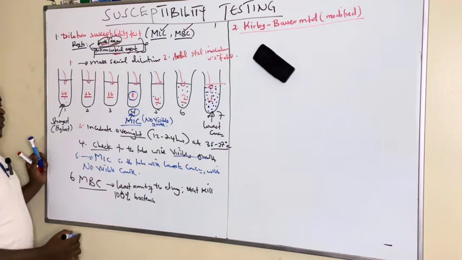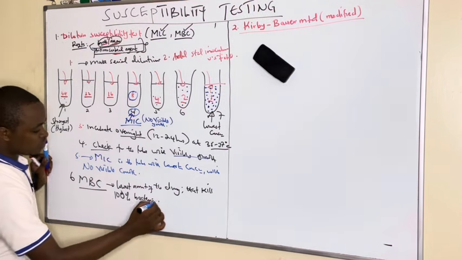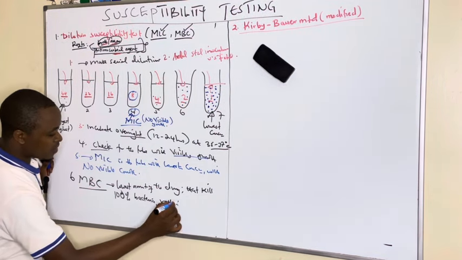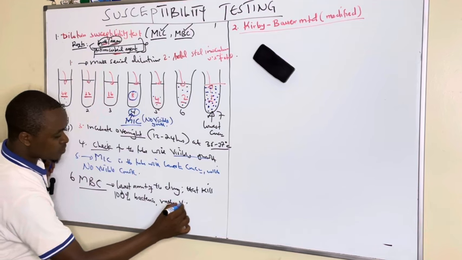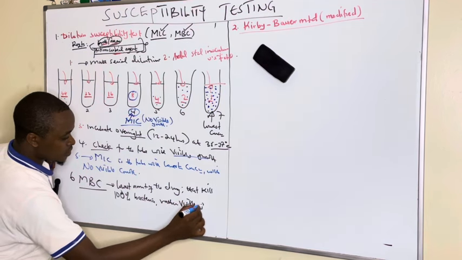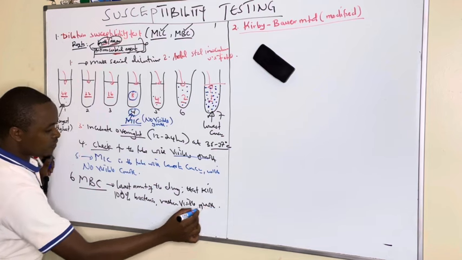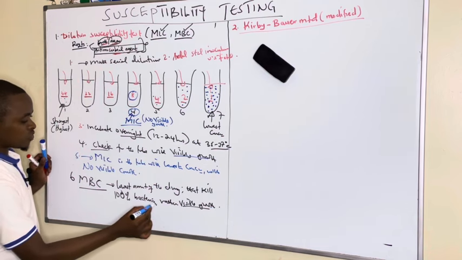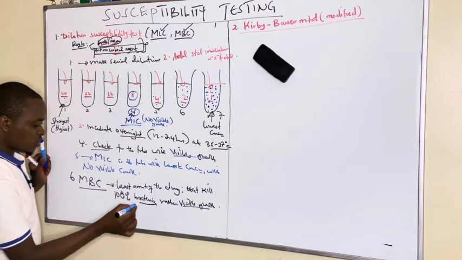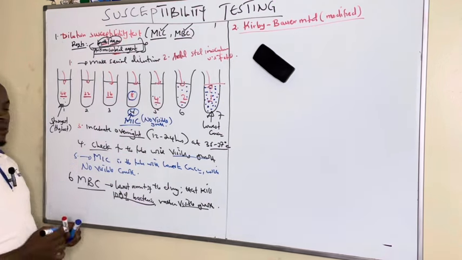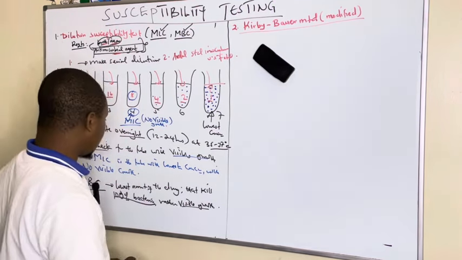bacteria. So this one does not depend on visible growth, but rather it looks for the lowest concentration where there is maximum killing of the bacteria.